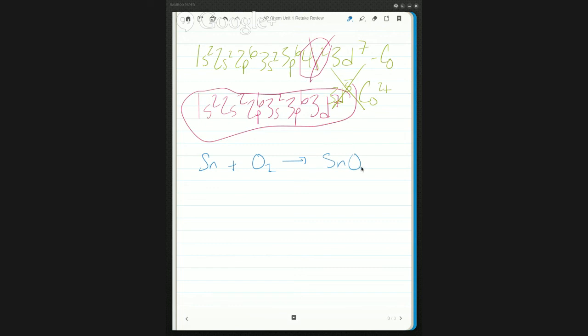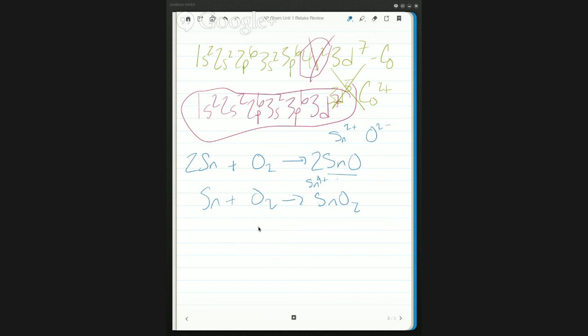If it forms SnO, then this tin must have been 2+, because we know oxygen had to be 2-. So this was the product for the first one. Now we just have to do the balancing, which makes 2 right here and 2 right there. If we're making SnO2, it gets immensely easier. It's just like that. This tin is now Sn4+, right? Because with swap and drop, it's ionic, it would have to be.